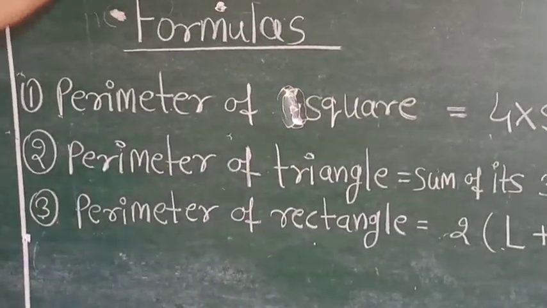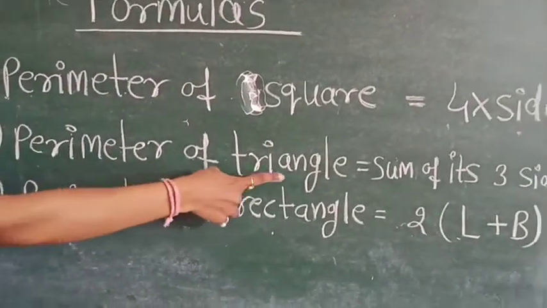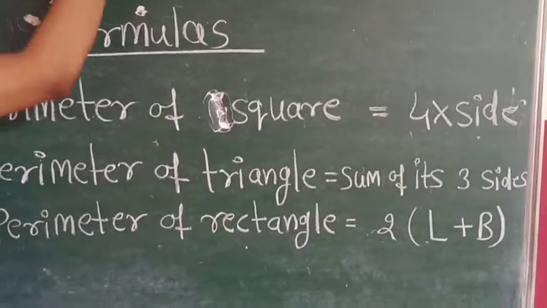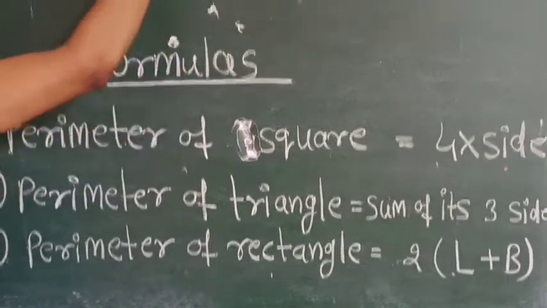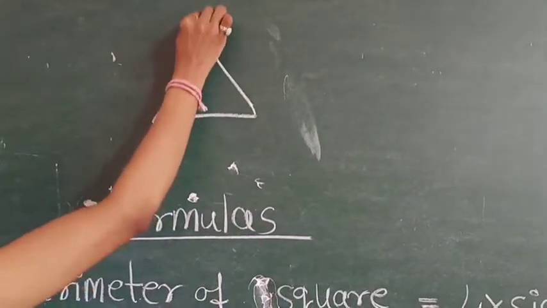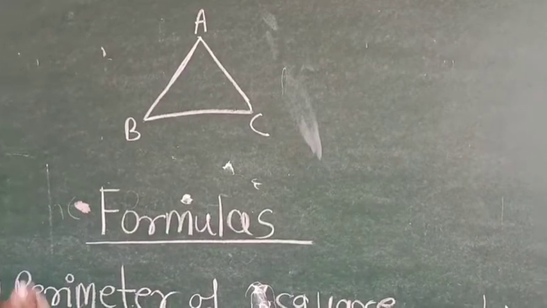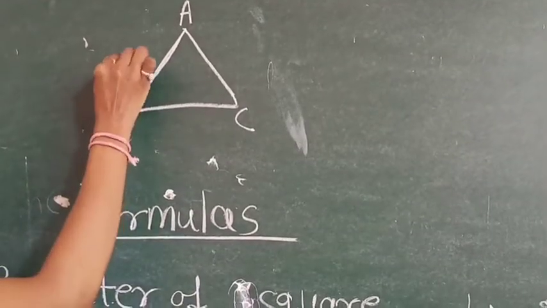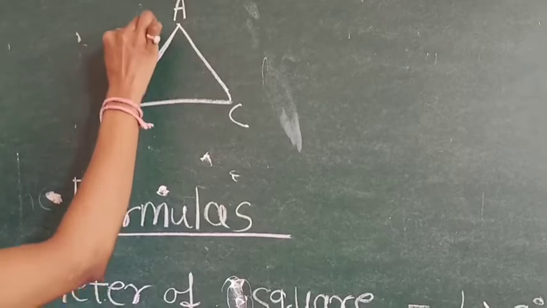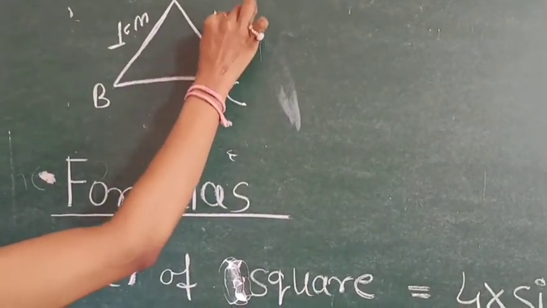Now after this you can see the next formula, perimeter of a triangle. How can you draw a triangle? Like this. Now you can give names A, B and C. If you give this 1 centimeter, all sides are equal.